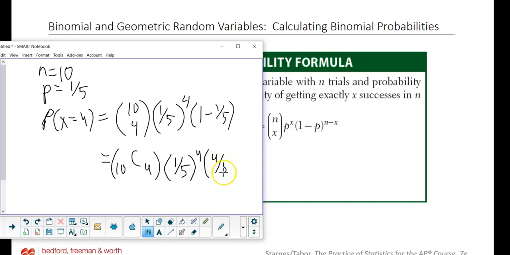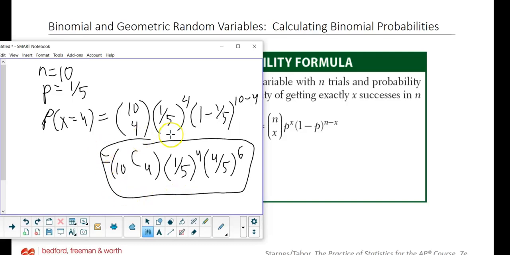It's not too hard to do in your head, so I do it like that. And then n minus x would be 10 minus 4, or you could just say 6th power, right? Either one of those is correct. They're saying the same exact thing. One's just a little bit more simplified or clear. So this is what I would type in my calculator, essentially. If we do that, we should get the right answer.